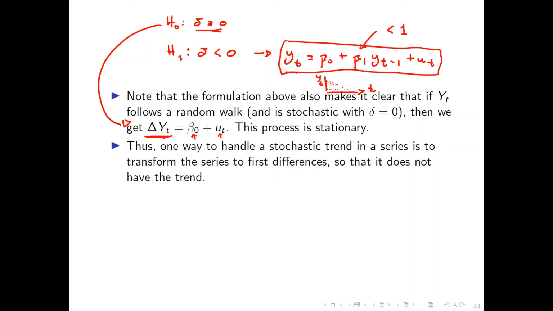I think we should take one example here, because here you have this process with a drift. So this beta naught term is the drift term, okay? And if we think a bit practically here, we can have yt here and time here.